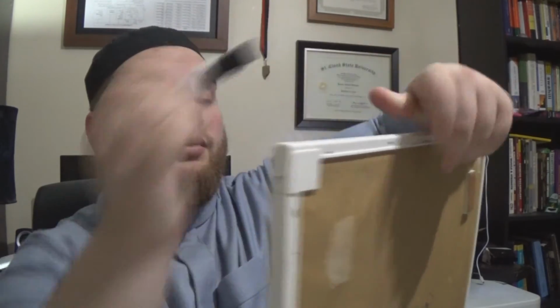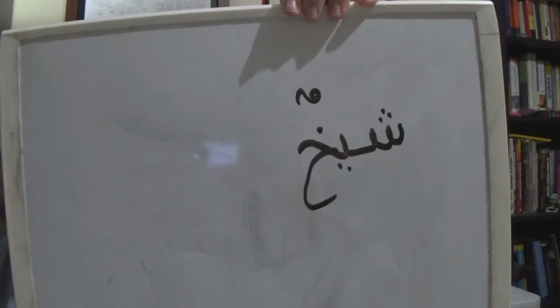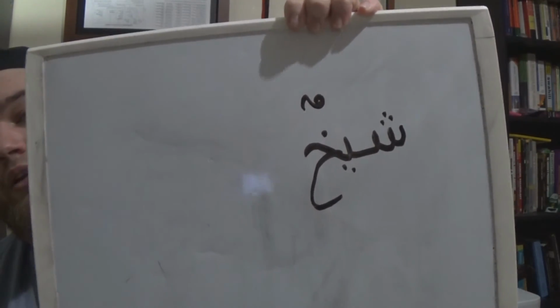So here is sheikhun. So sheikh, it literally means an old man, somebody who has gray hair. It also means somebody who's very learned, that they've completed everything as far as learning the religion. It also means a community leader or a community elder.